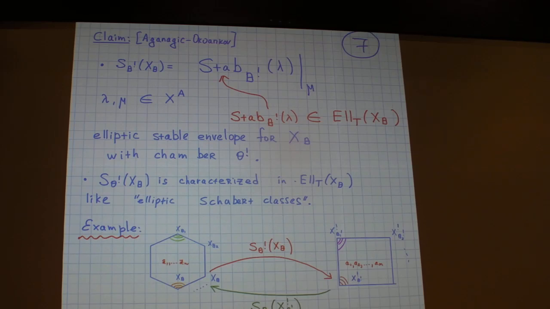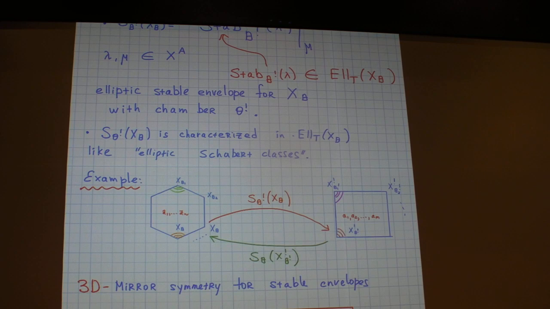But from this picture, I have a map which goes from the vertex functions on X to the vertex functions on X-check, and it's a stable envelope of X. But the inverse of that map is a stable envelope on the dual variety with the corresponding choice of stability condition, the chamber.